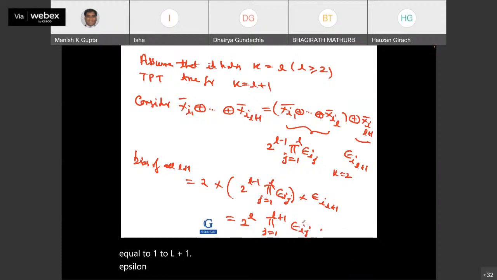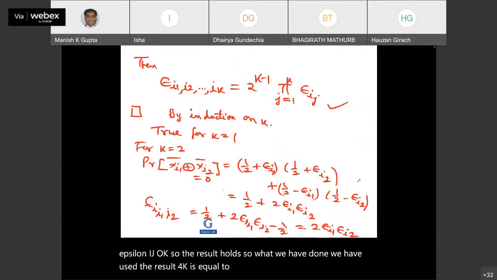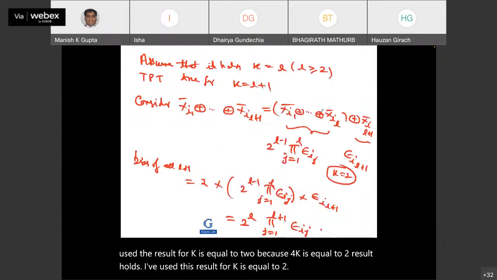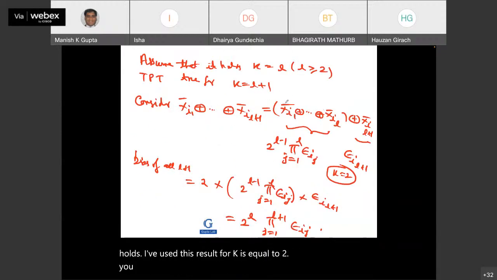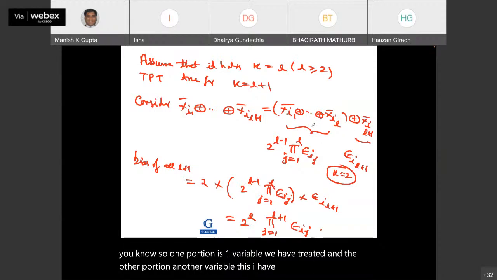So the result holds. We used the result for k equal to 2 for the two portions, and applied the induction hypothesis that the result is true for k equal to L for one of them.